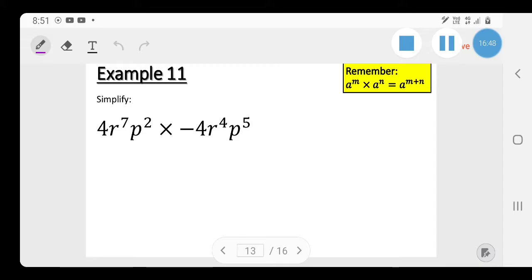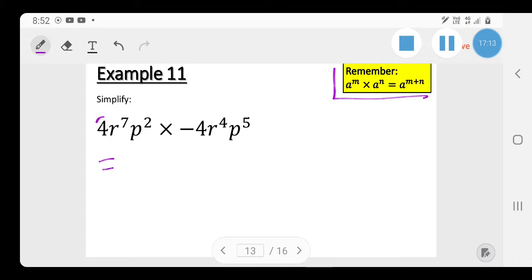All right, so really starting to mix things up here. I've got coefficients with positives and negatives, and now I have a couple of different variables going on. But not a problem, because a rule is a rule. We can just use that rule 2 times, once for each variable. So let's do this.